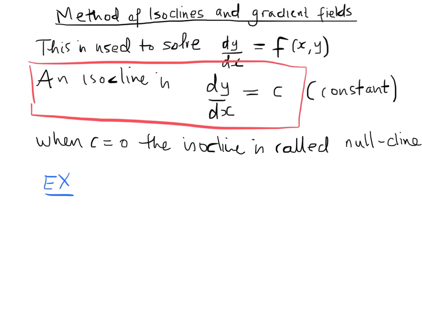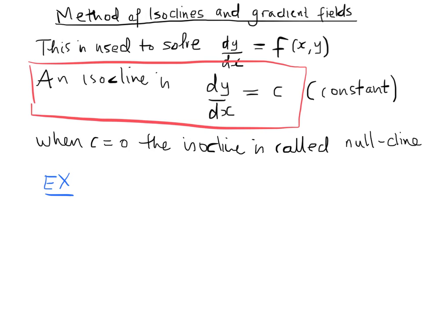For the following differential equations, find the equation of the isoclines, and hence, by sketching these, construct the slope field, that's otherwise called the gradient field, by the way, and solution curves.